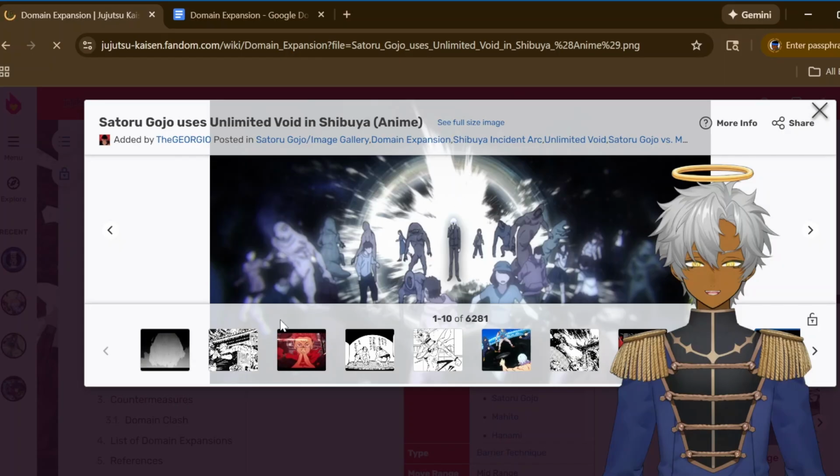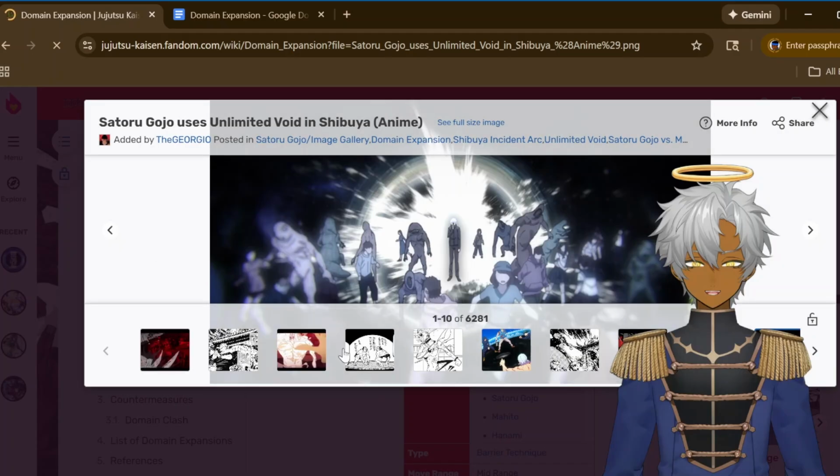Sukuna specifically does not have a barrier on his domain, and that's because he does it for the risk factor. If you remember when we talked about binding vows, one of the things you can do is add a bit of a risk factor to your ability, thus allowing your ability to be stronger through the idea that it is possible to be escaped or countered far more easily.